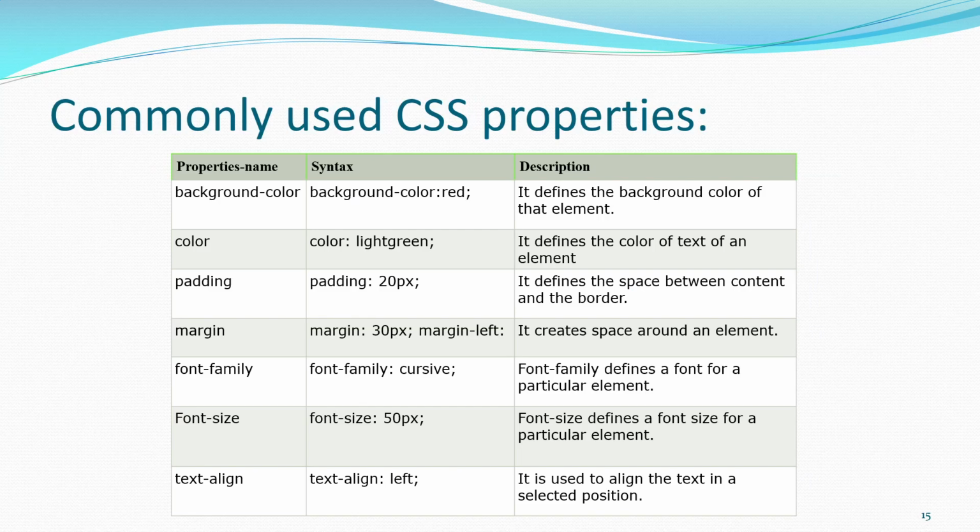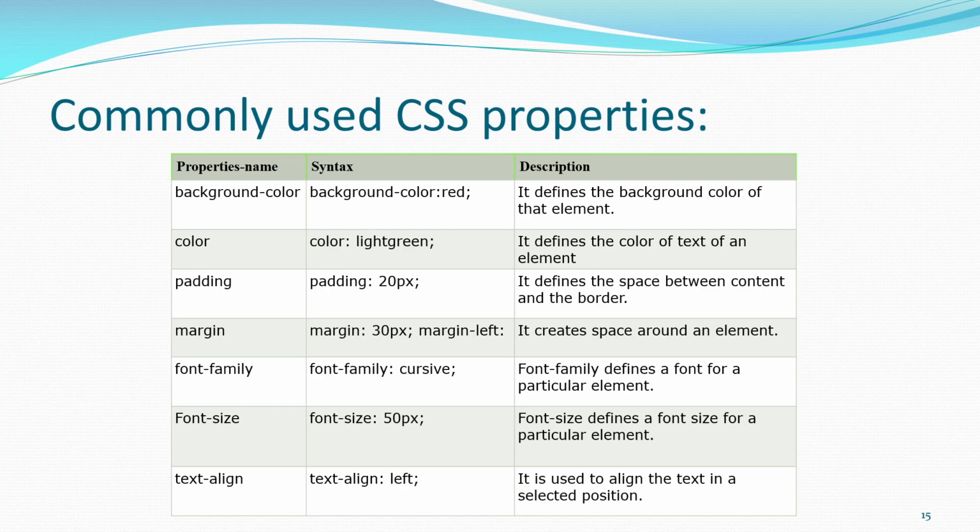So what are some of the common property names and the syntax used? So you've got the background color, which defines the color in the background that everything's going to appear on. Just be careful with your color choices because it's a make or break deal. Color defines the color for your text elements. Padding defines the space between the content and the border in pixels.